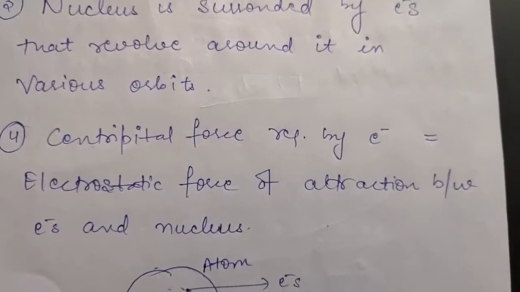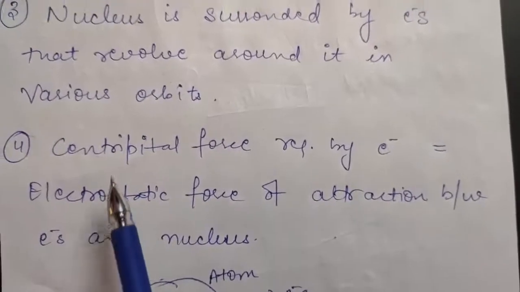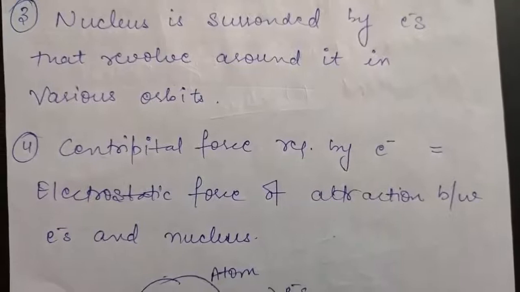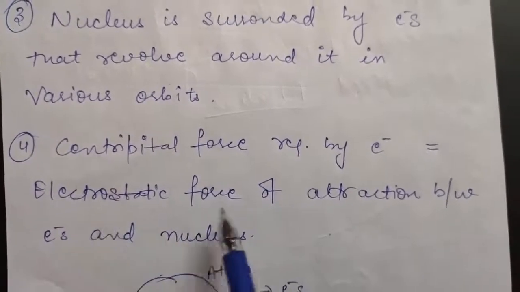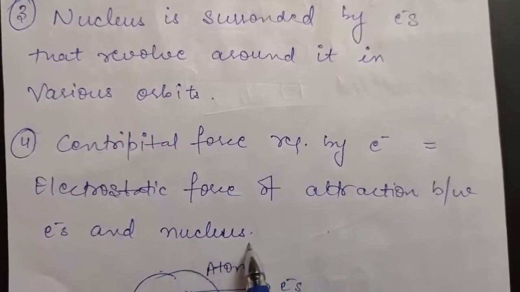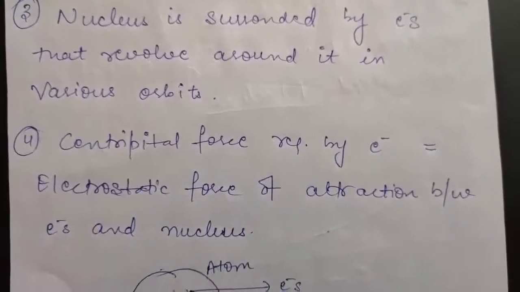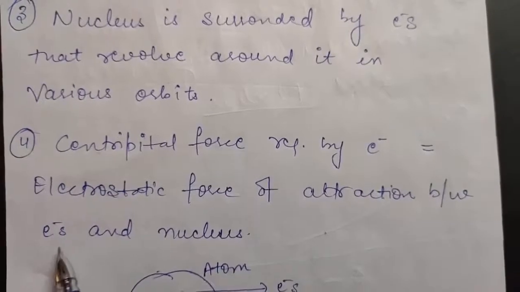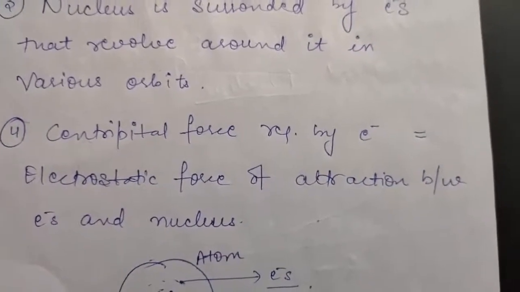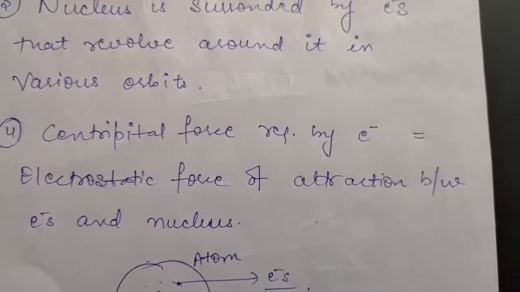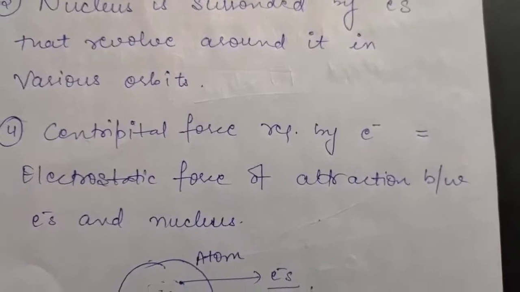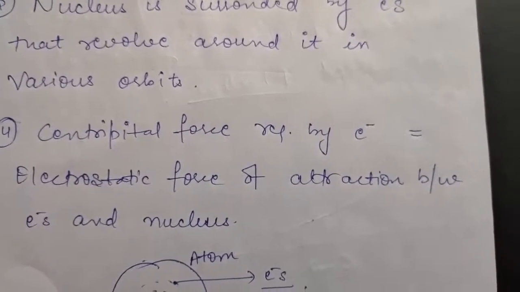So from where does that centripetal force come? The centripetal force required by the electrons to revolve around the nucleus is provided by the electrostatic force of attraction between the electrons and the nucleus, because electrons and nucleus are negatively charged and positively charged respectively. So there will be an electrostatic force of attraction between them, providing the required centripetal force for the electron so that it can revolve around the nucleus.